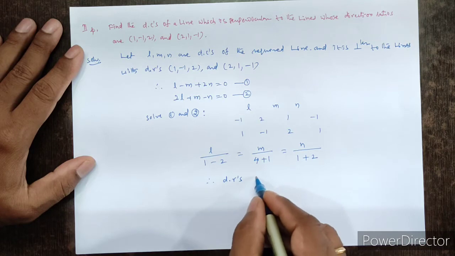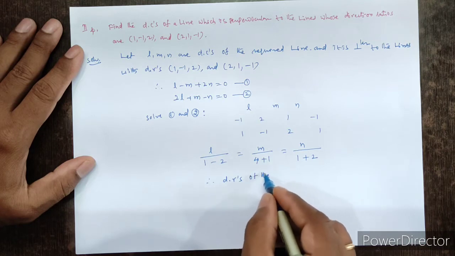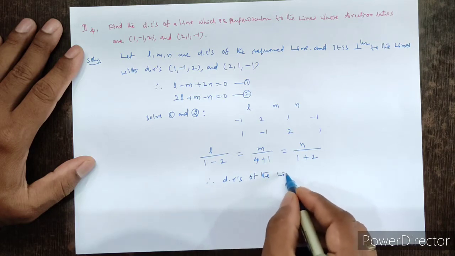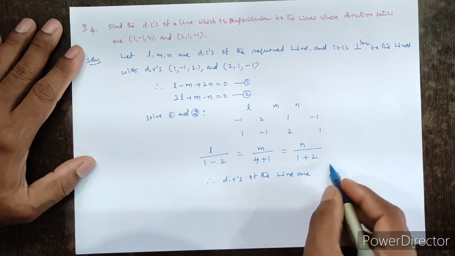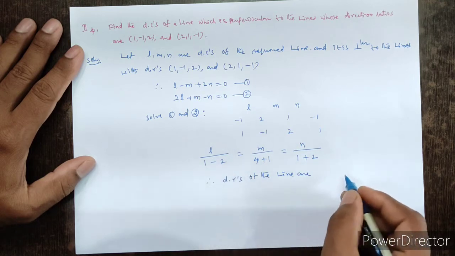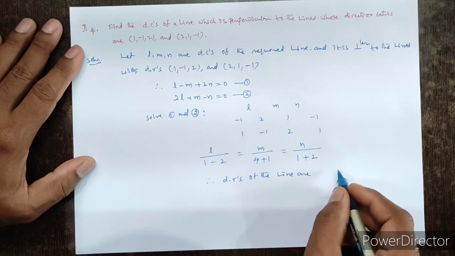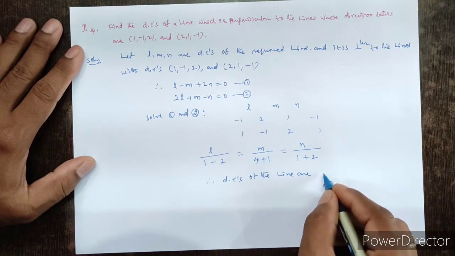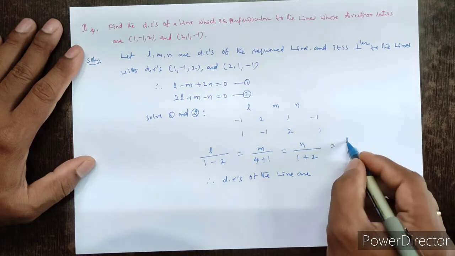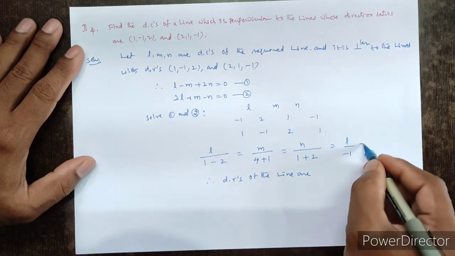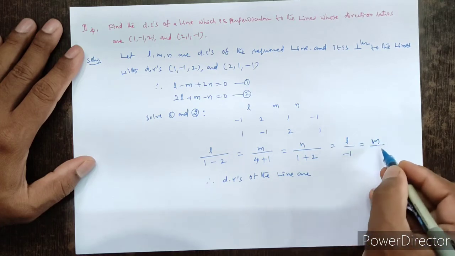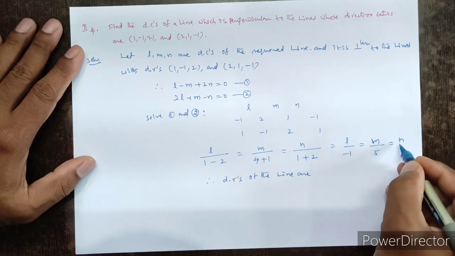So the proportions of these values are treated as the direction ratios of the required line: l by minus 1, m by 5, n by 3.